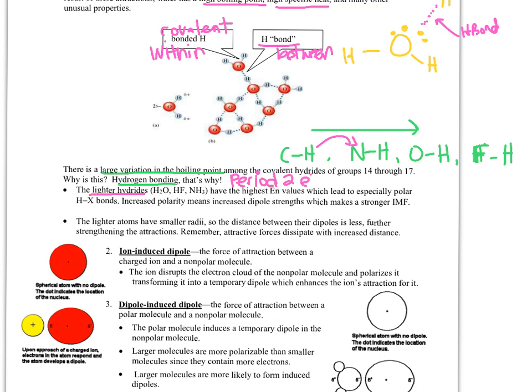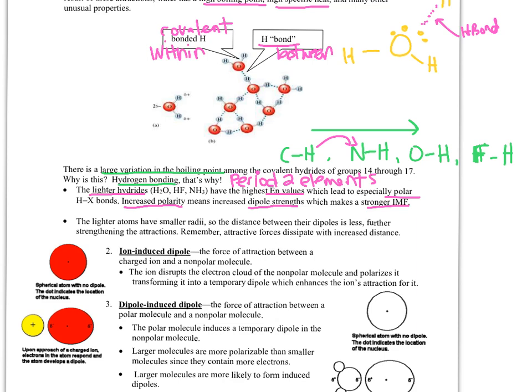The period 2 elements that are with hydrogen, those are going to have really high electronegativity values, which then make them very polar. So they're especially polar. So the more polar something is, the stronger the dipole strength is, and so then it's going to have a stronger IMF. So more polarity has a stronger dipole.